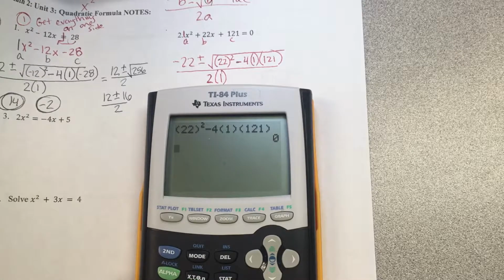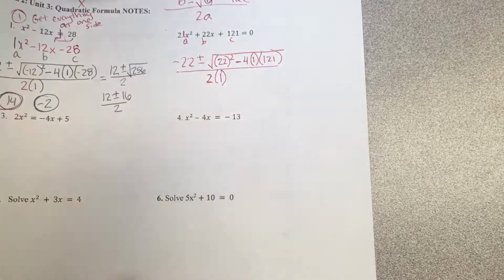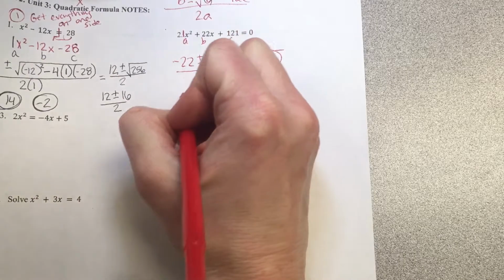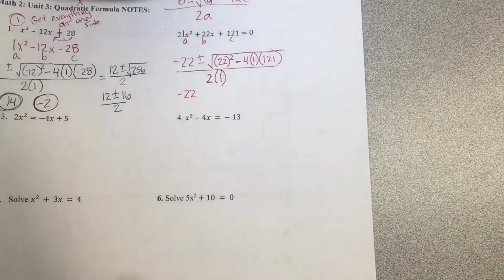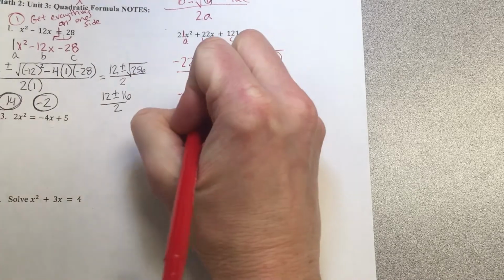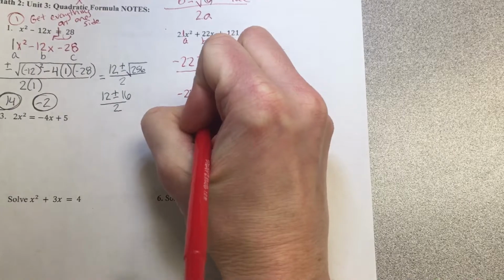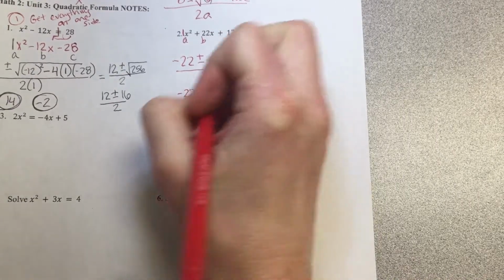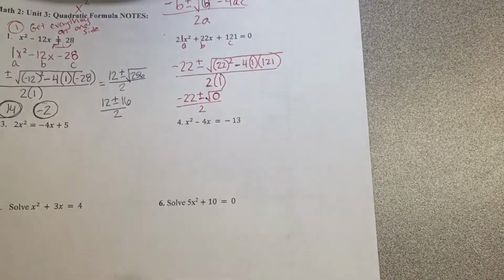What are y'all getting? 0. Okay. So I'm going to drop down the negative 22. We haven't done anything with that yet. I'm going to drop down the plus or minus. And then I'm going to put the square root of 0 all over 2.